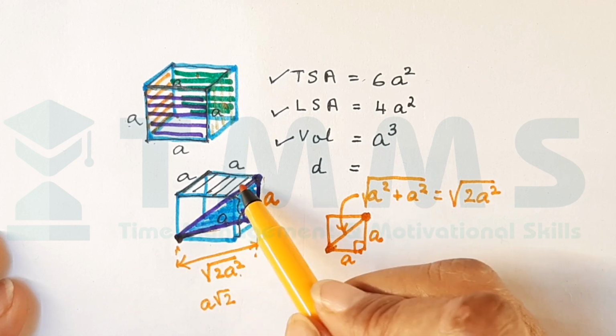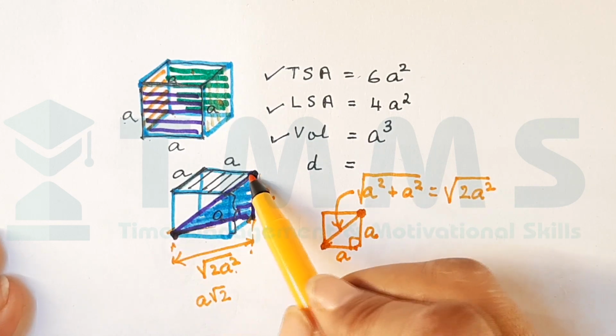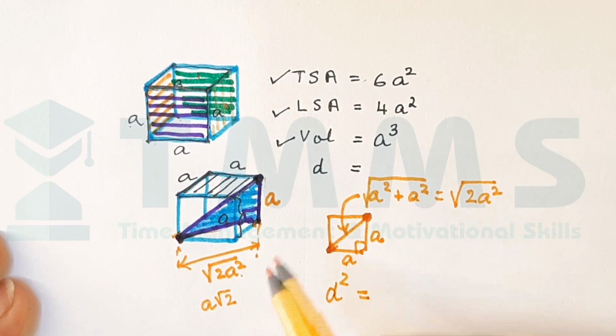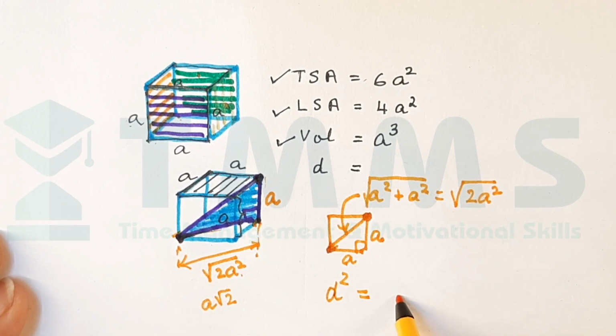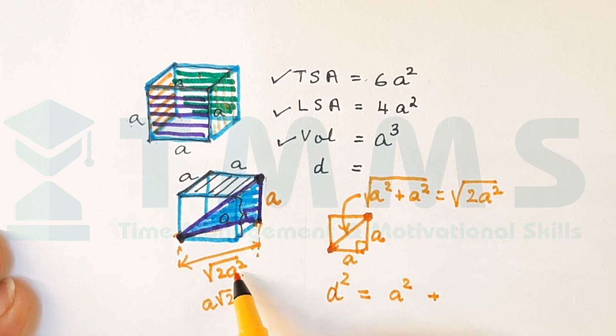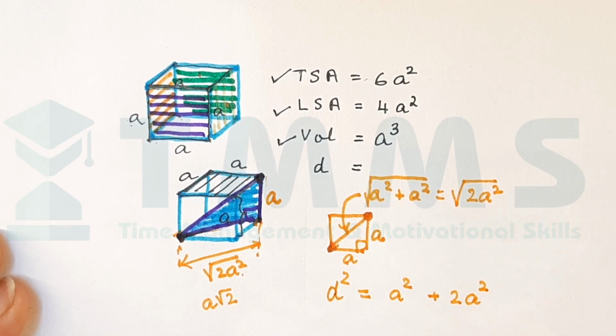So if we use Pythagoras theorem, the diagonal square will be equal to square of this side, that is a squared, plus square of this side, which will be 2a squared.